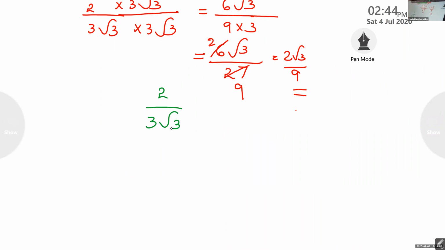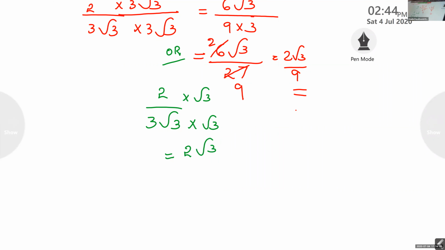Suppose you are taking only root 3. This is our second answer. So 3 root 3 into root 3. Suppose you are taking only root 3, again, what will be your answer?